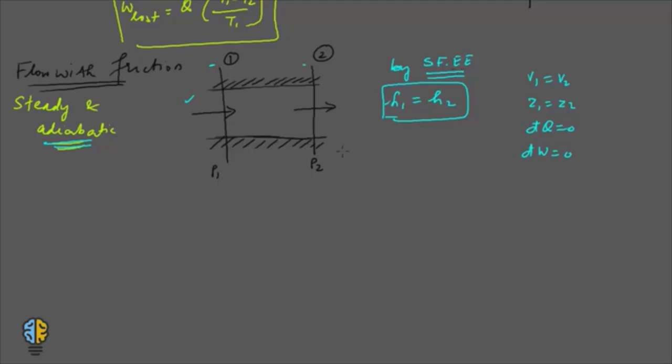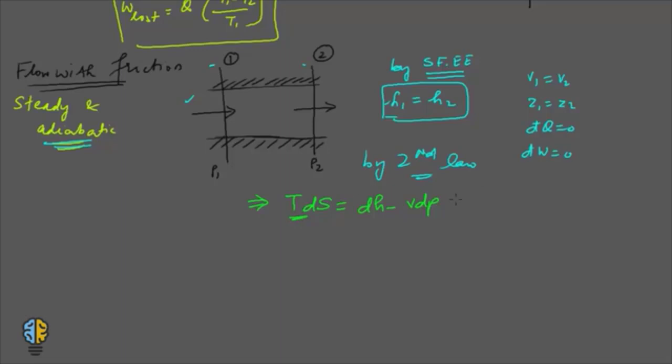Now if you apply the second law, you can write that T ds is equal to dH minus VdP. Why did we write this particular equation? If you remember the concept where we talked about the first and second laws combined, this was the equation that can be used for any process.